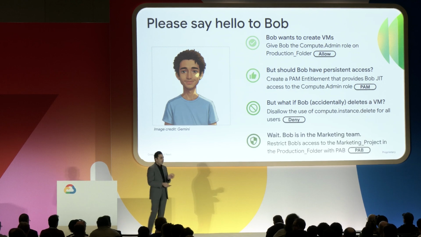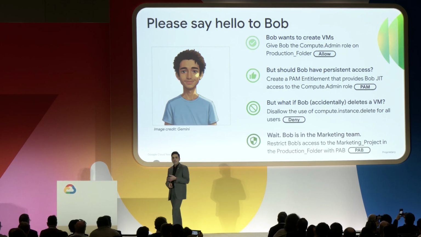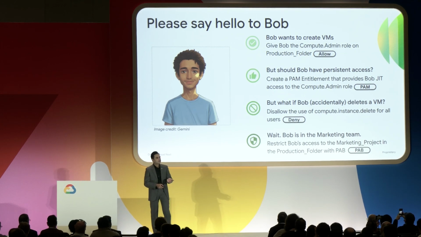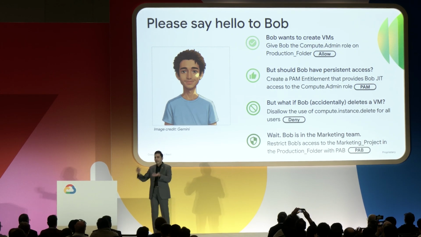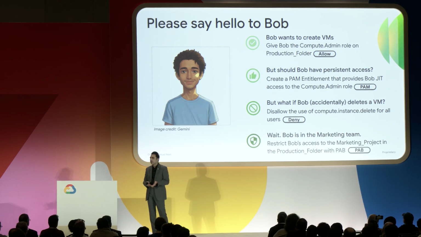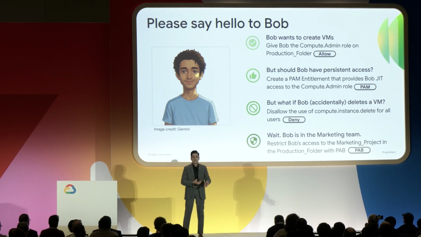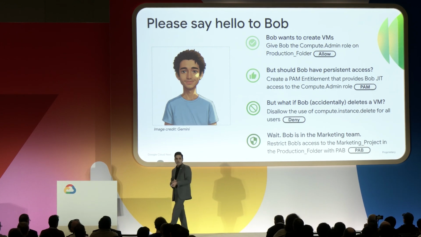But then you find out that Bob is only responsible for the marketing team, but you gave Bob access to the production folder. So instead of doing a massive update on Bob's permissions, you can simply draw a principal access boundary around Bob, and you can say Bob's access is restricted to the marketing project in the production folder.